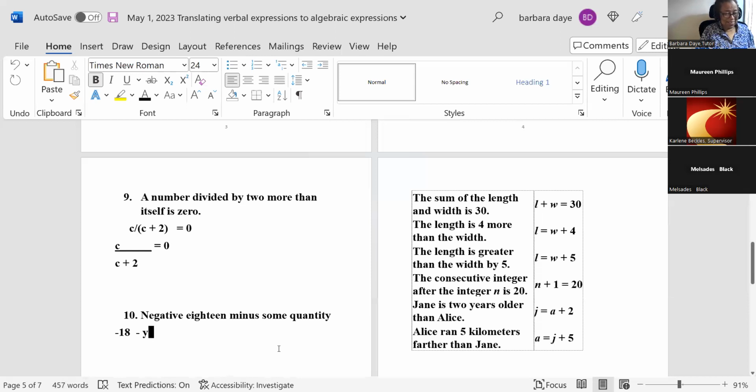You got it? And if I didn't have negative 18, I just said 18 minus some quantity, you wouldn't have the minus here. You just say 18 minus y. And that's an expression now, not an equation. You don't see an equal sign. So that's an expression with negative 18 as a term and y as a term.